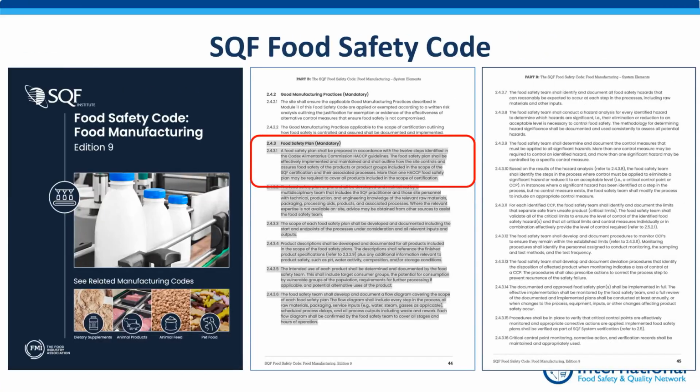So if we look at the certification standards themselves, in the SQF Food Safety Code, a food safety plan shall be prepared in accordance with the 12 steps identified in the Codex Alimentarius Commission HACCP guidelines.